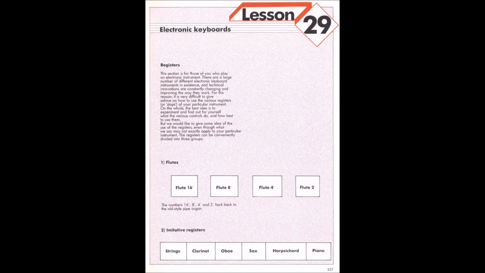Now let's listen to an electronic organ with the register set at flute 16. The sound is an octave below the note you play on the keyboard. The flute 8 setting gives the same pitch as the note on the keyboard.